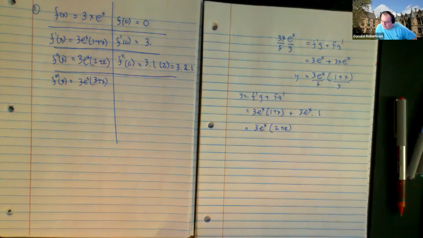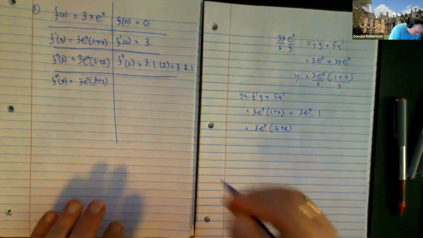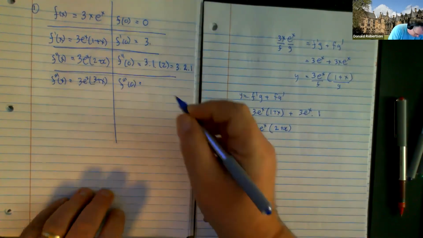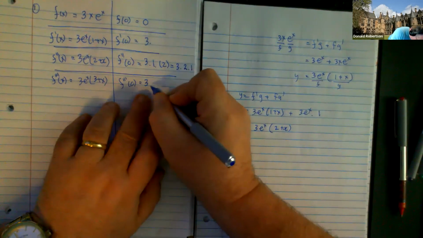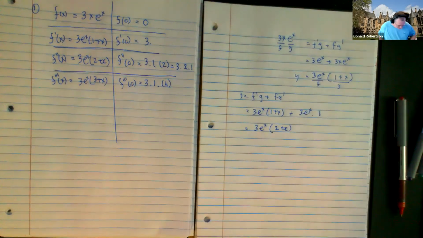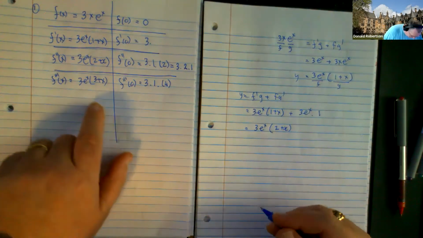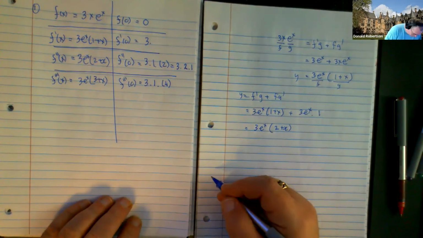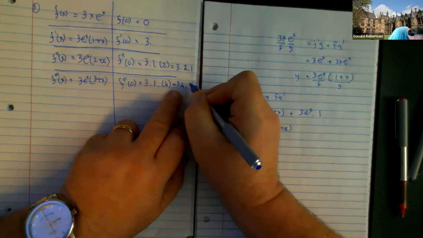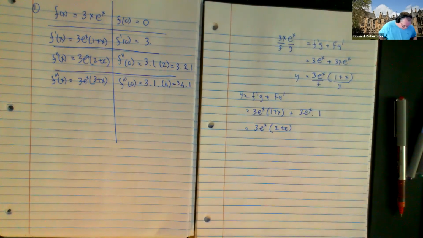And if you don't believe us, check, but it works. So the third derivative at 0 ends up being 3 times 1 times 4. And I guess that's it. I'm going to call it 3 times 4 times 1 because I want to.